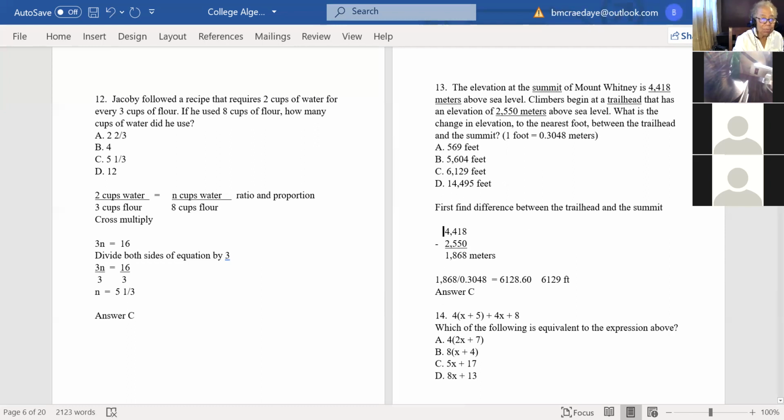The change is a subtraction, and that gives you 1,868 meters. But they said to the nearest foot, and they gave you a conversion factor of a foot as 0.3048 meters. So when you divide, meters divided by meters per foot will give you feet, 6128.6, rounded to the nearest foot would be 6129.